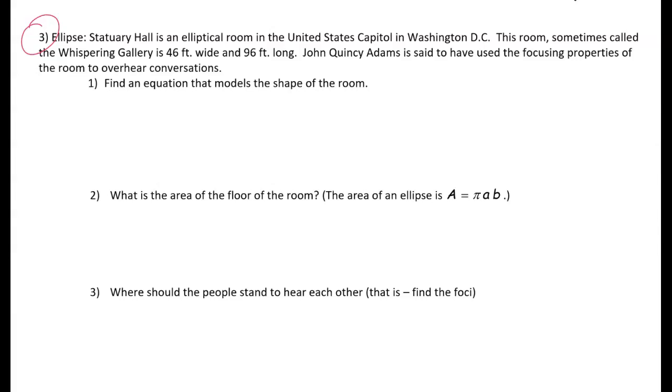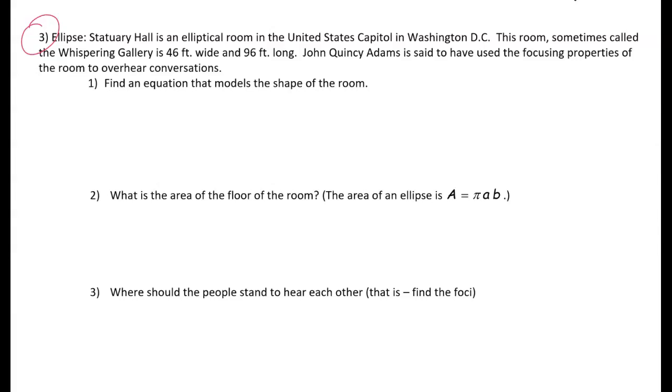This is a real room in the Capitol, and what it does is, if you're standing on the foci in this room, exactly where the foci are in this elliptical room, no matter how quietly people whisper around the room, you can hear what they're saying. So John Quincy Adams used this property.